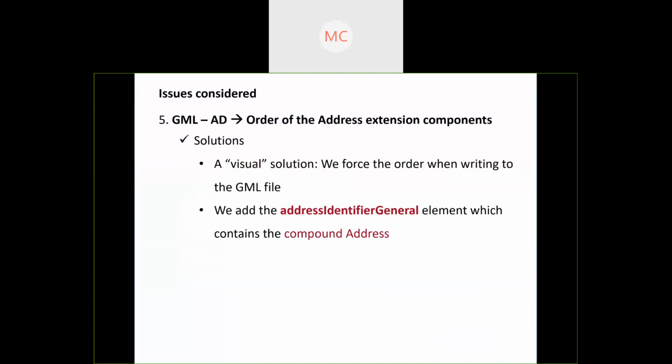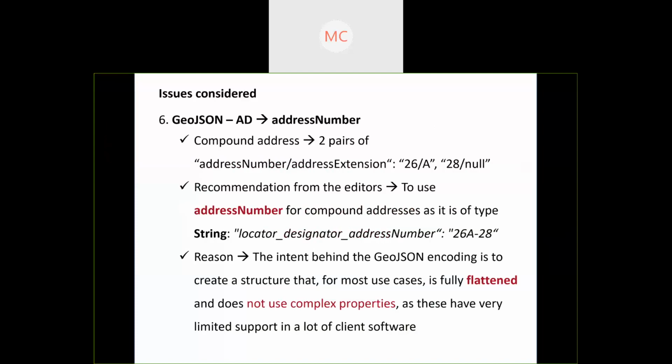So it's not possible to use it. Next, please. So how did we solve it? Well, we applied a visual solution forcing the order when writing to the GML file, but it's only a visual solution. And again, we use the address identifier general for the compound address. Next, please.